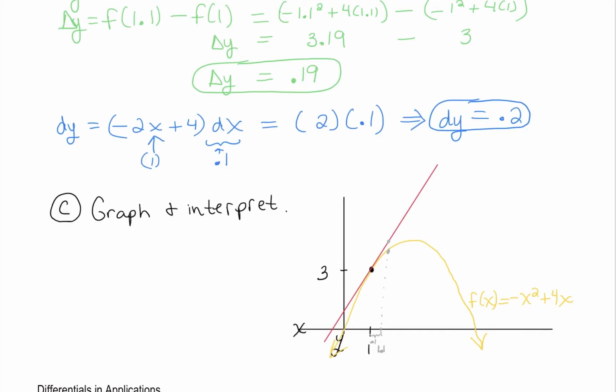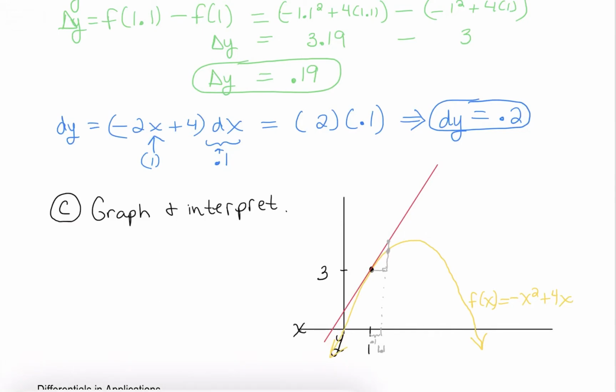Again, not drawn to scale, so keep that in mind. Let me go back one more time, and I just drew in a couple little extra pieces here. Okay, now what did I find?